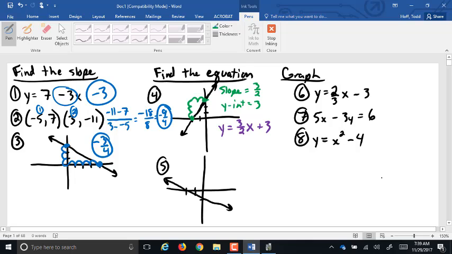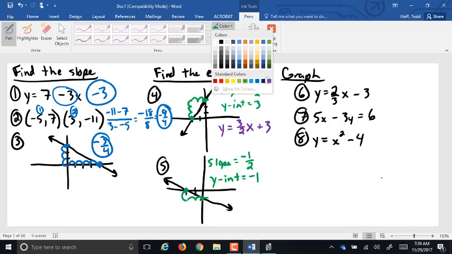Sliding on down to number 5. Again, we find the slope where we're going from here to here. We are going down 1 and then over 2, right? That's a -1/2. Y-intercept, is it a -1?